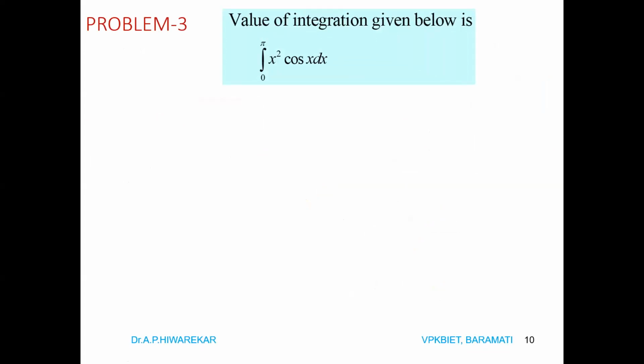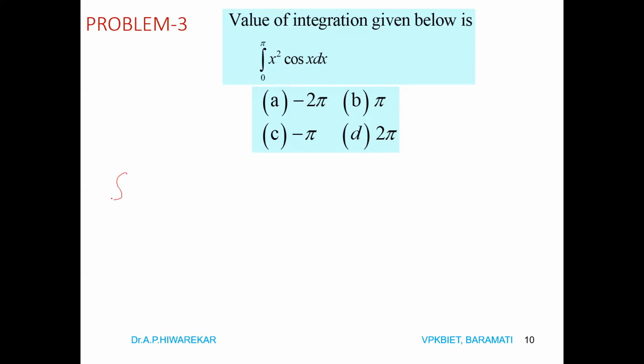The value of the integration given below is: A is 2 pi, A is minus 2 pi, B is pi, C is minus pi, and D is pi. These are the options given to us. As I have already given the formula, integration of uv dx.